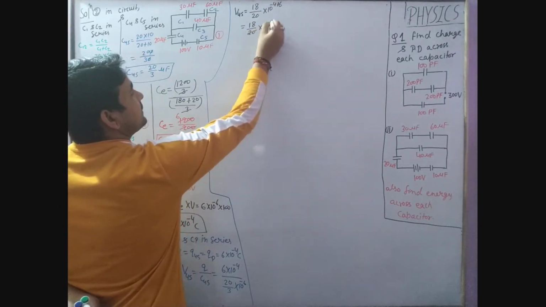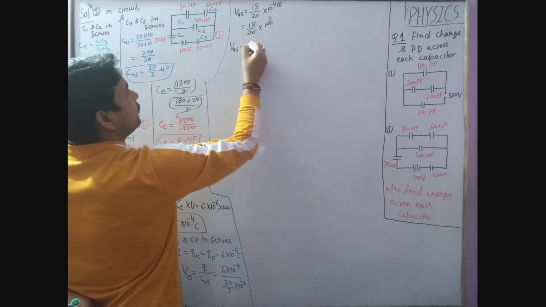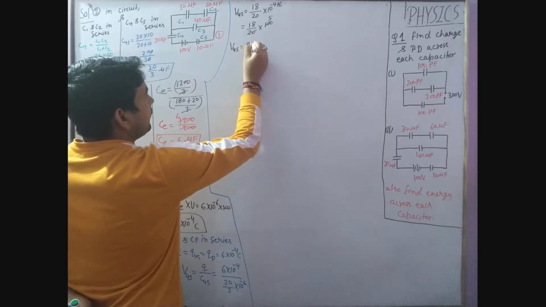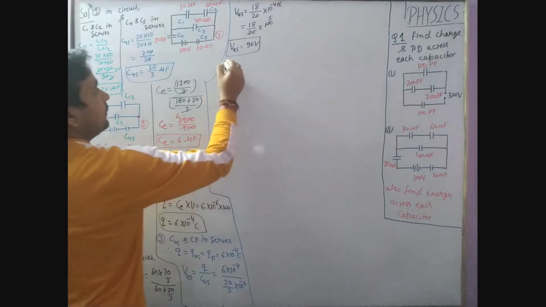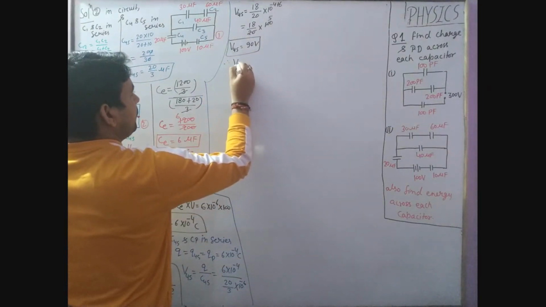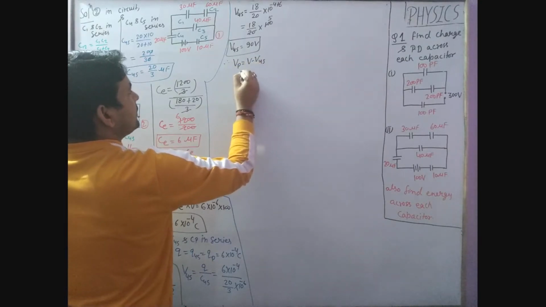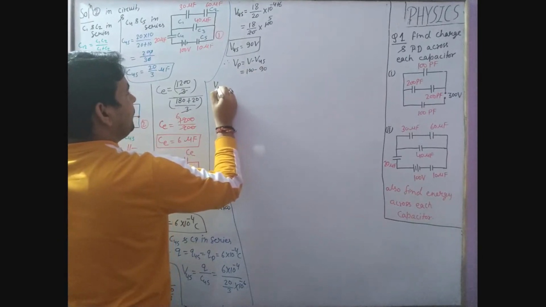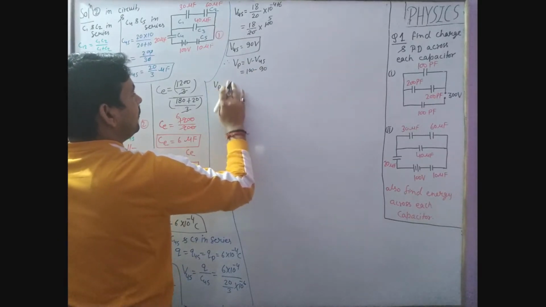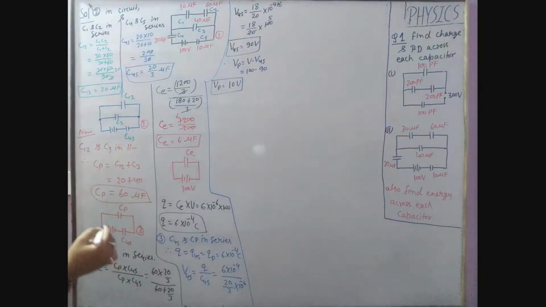When you solve this cancel by 5 times, which means V45 is equal to 90 volt. Okay. Therefore you will calculate from here Vp is equal to V minus V45, which is equal to 100 minus 90, that is Vp is equal to 10 volt. Okay, which means across this the value is 10 volt.